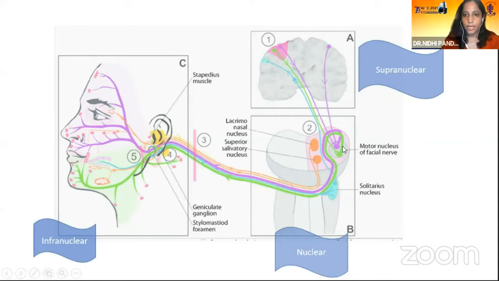Now, the nerve is posteriorly related to the sixth nerve nucleus and anteriorly related to the vestibulocochlear nerve. This exits the brainstem and enters the facial canal in the temporal bone, and finally exits the cranial cavity through the stylomastoid foramen to end in its terminal branches.